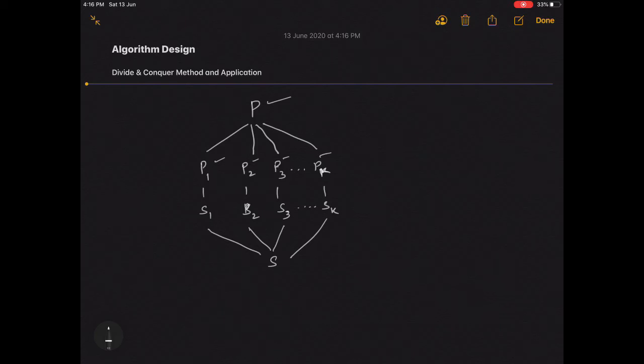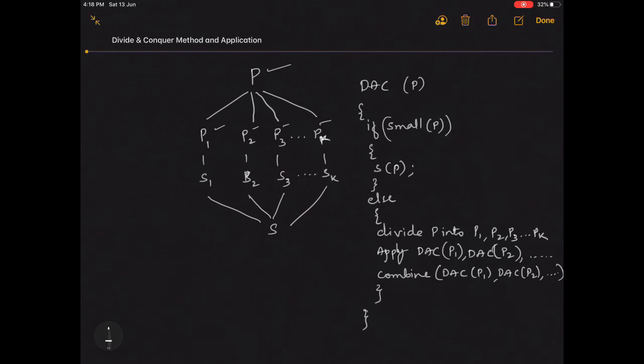Now we'll see an algorithm. I'll write an algorithm. Here it is a recursive algorithm. Why it is recursive is because P1 is the same type as P. That is, if the bigger problem is sorting, P1 must also be sorting itself. Because of this condition, we have taken the algorithm as recursive. We already have seen an example on recursive. Recursive means the function which calls itself.